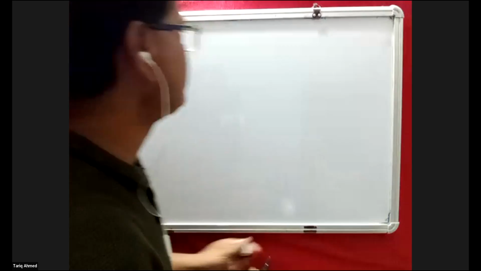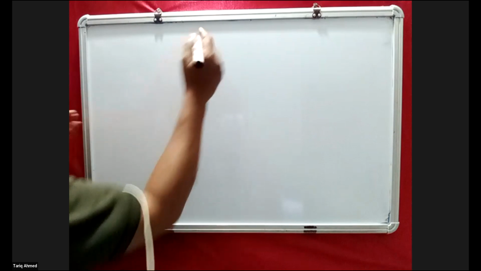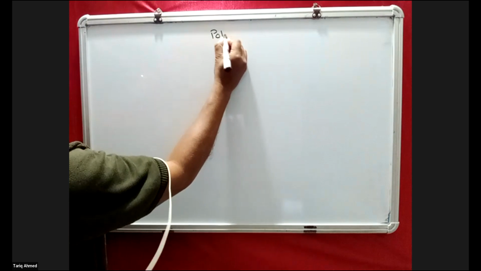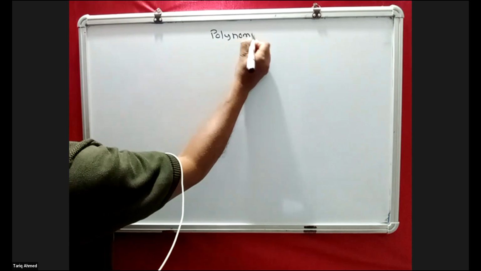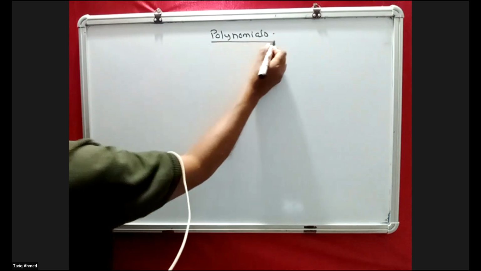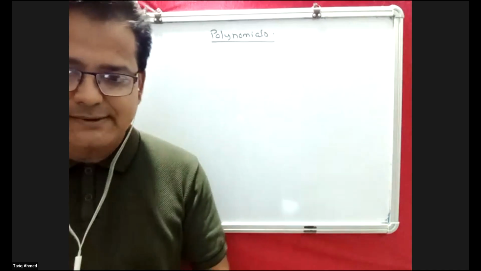Yes. So I'm going to give some examples of polynomials. Let us see how you are going to understand it and learn something new. So, polynomials. My first question to you: can you tell me what is the meaning of polynomial? Any one of you, if you have an idea of the meaning of polynomial?